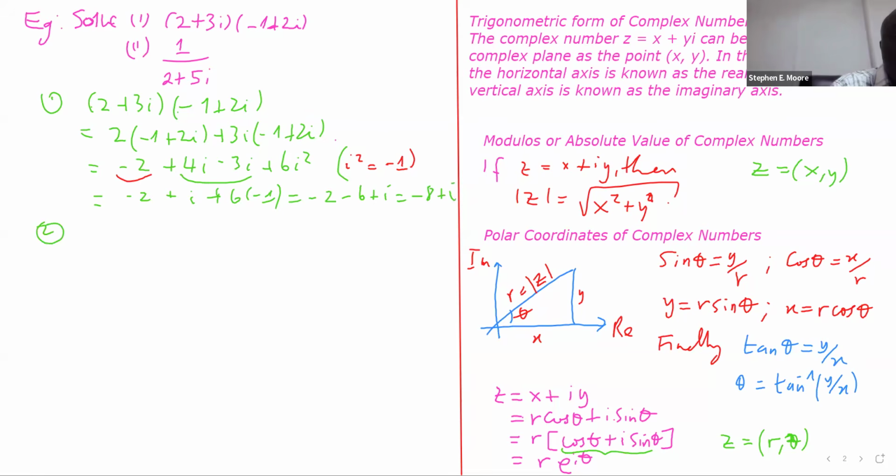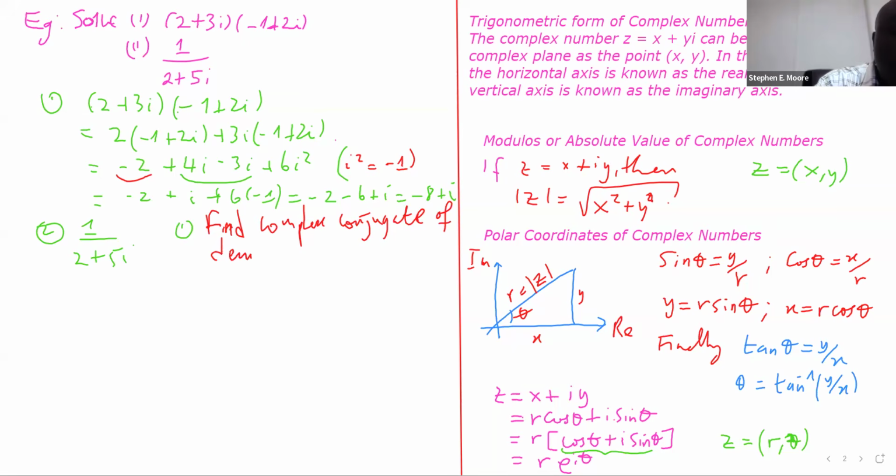Now the next one is if we have 1 over 2 plus 5i. Again, the first thing you do is find the complex conjugate of the denominator, right?